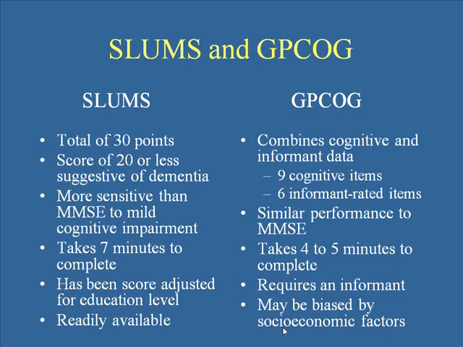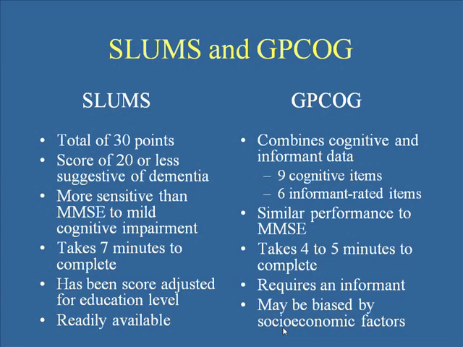The GP-COG comes out of either Australia or New Zealand, so you'll find much of the literature surrounding the GP-COG is from the United Kingdom, Australia, and New Zealand. It combines cognitive and informant data, so there are two parts to this tool.